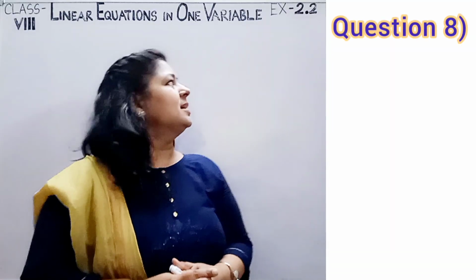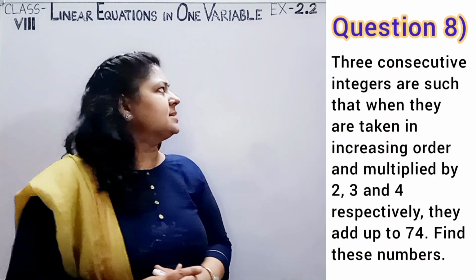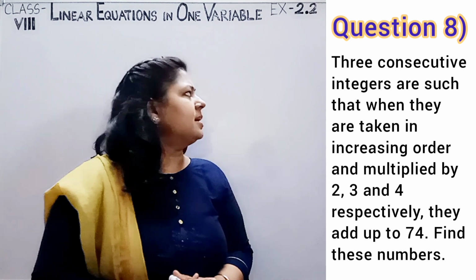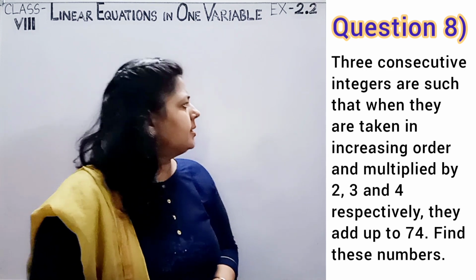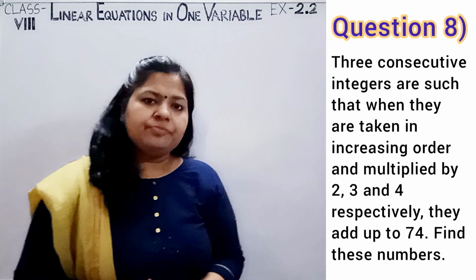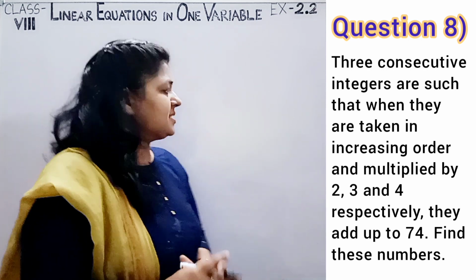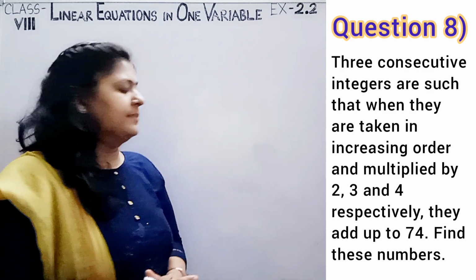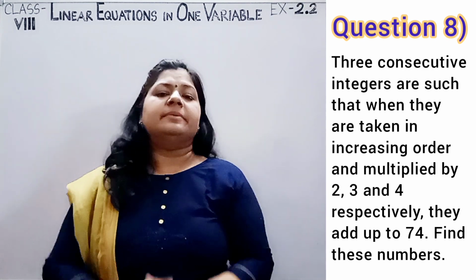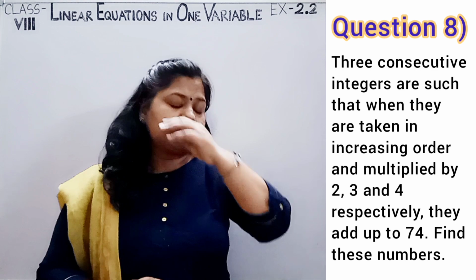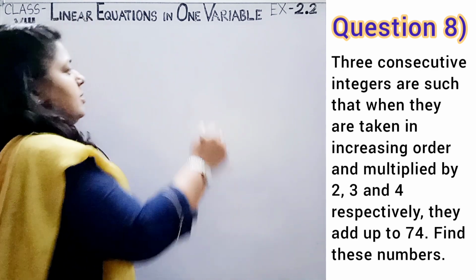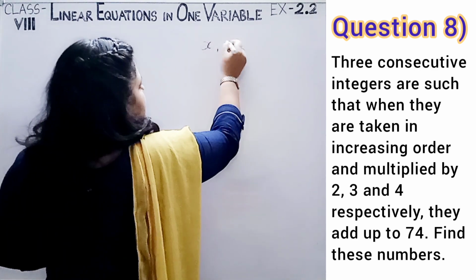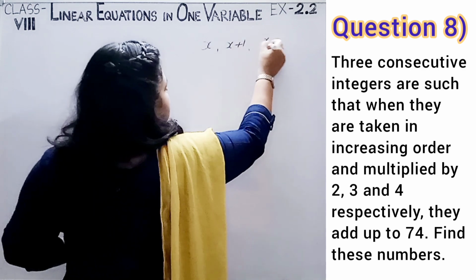Question number 8. Three consecutive integers are such that when they are taken in increasing order and multiplied by 2, 3 and 4 respectively, they add up to 74. Find the numbers. It means we have to find three numbers, and they are consecutive numbers x, x plus 1 and x plus 2.